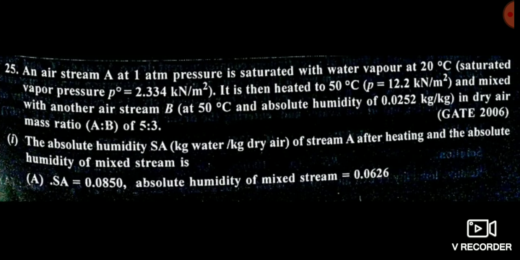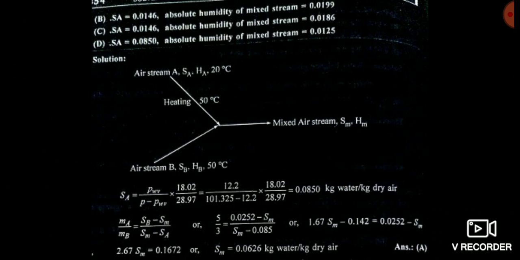Means friends, this is nothing but when you write the equation M1 S1 plus M2 S2 is equal to M1 plus M2 into S3. Here they are talking about the mixing. When we write the simple balance of humidity, M1 S1 plus M2 S2 is equal to M1 plus M2 into S3.